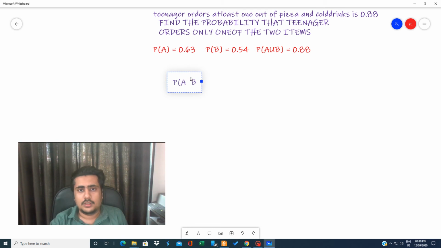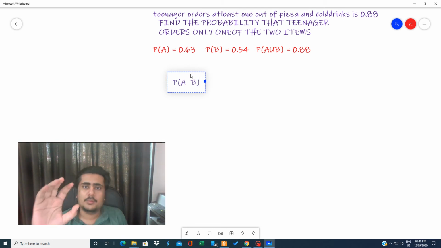See now, as I told you, if you want to find the probability that only one item occurs, then what formula do you need to use?